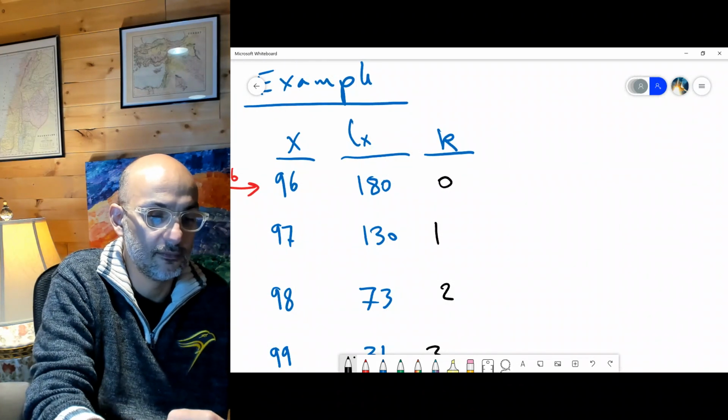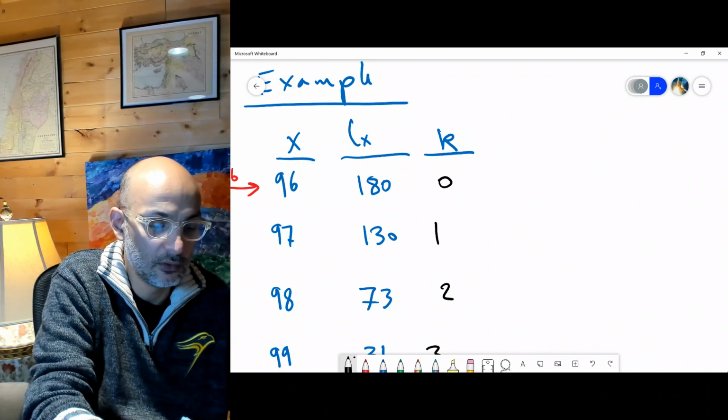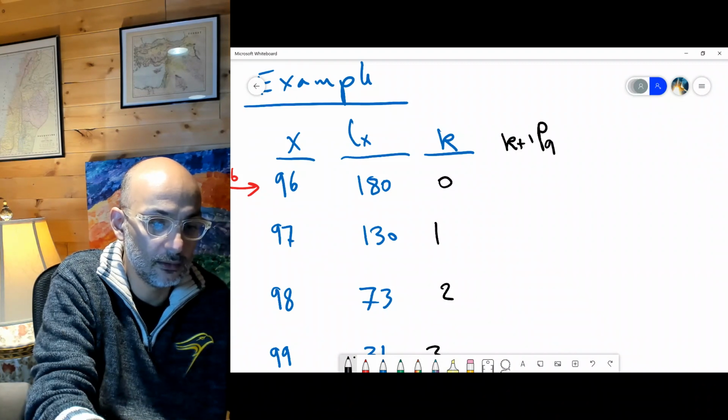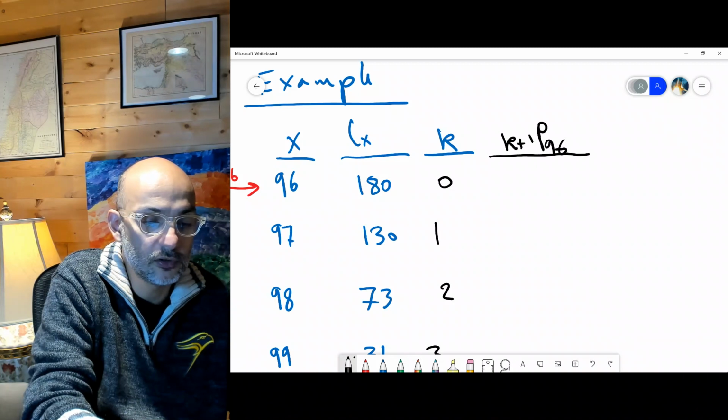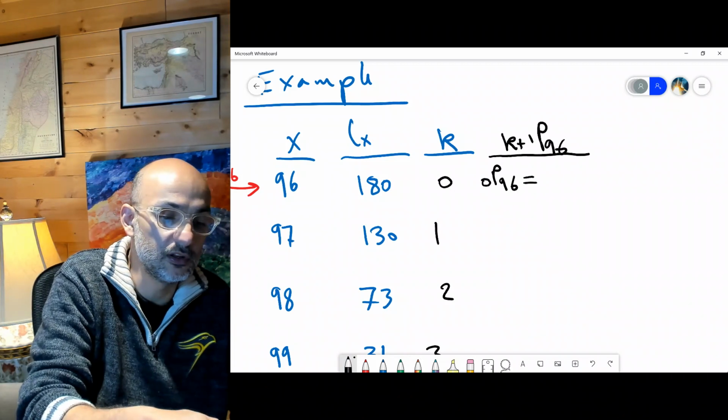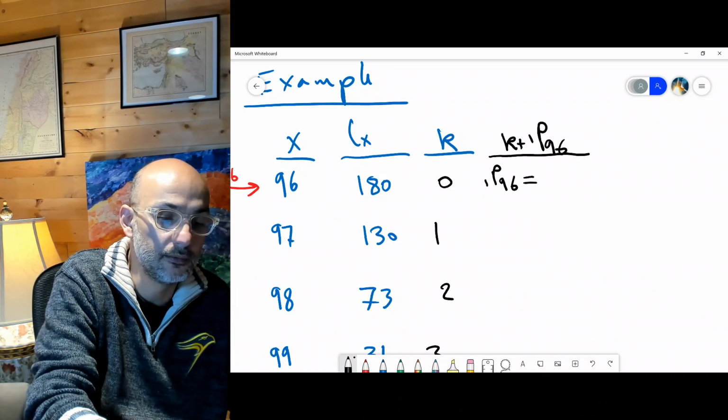After the K is, you need now K plus 1, P96, right? So K plus 1, it's 0... sorry, not 0. 0 plus 1, it's 1.